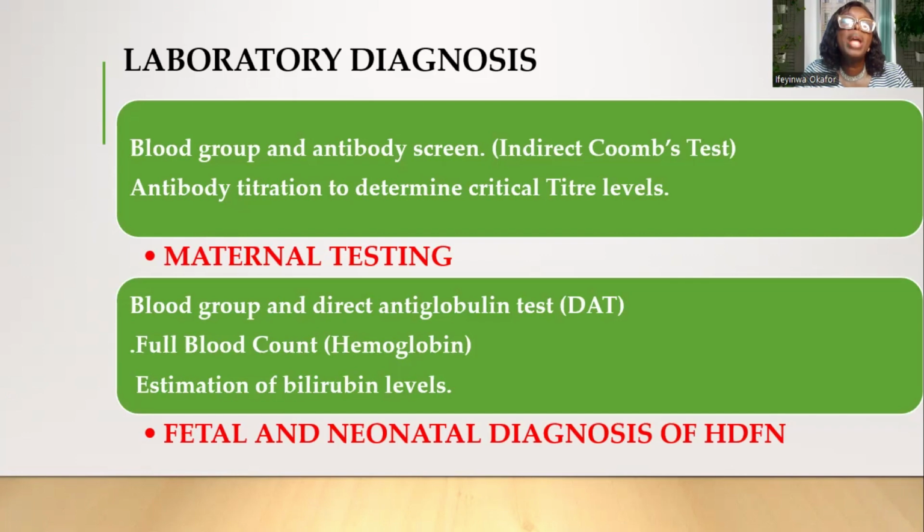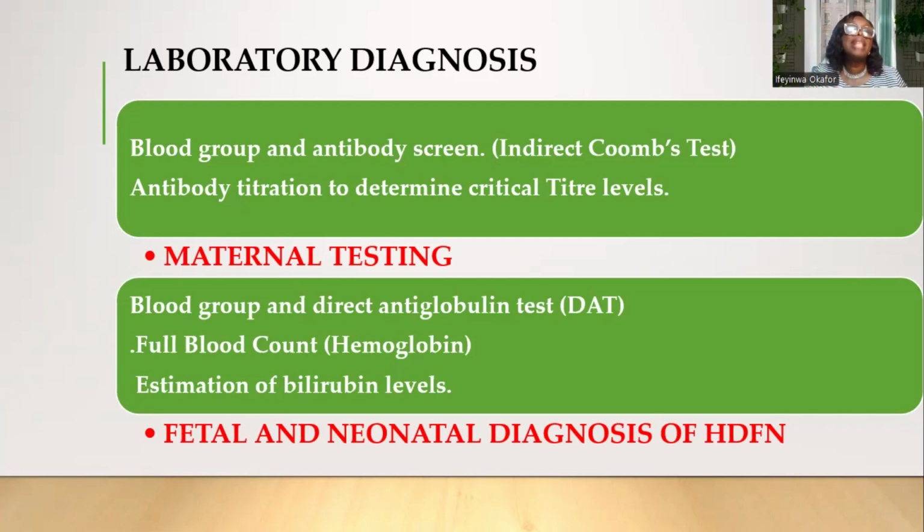But here, we are saying that as part of diagnosis of hemolytic disease of the newborn is maternal testing. Remember, in the mother's serum, you are talking about the presence of the antibody. So what you do on the mother is to do the blood group, and then you screen for antibody, and then if there is presence of antibody, you identify the antibody. Remember, indirect Coombs test is done on the mother.